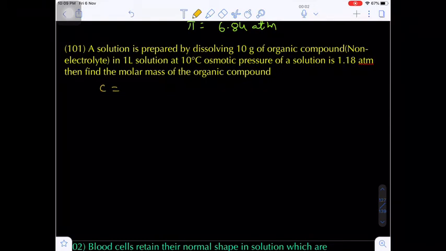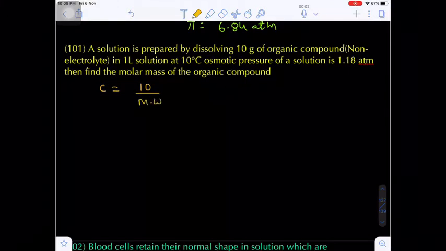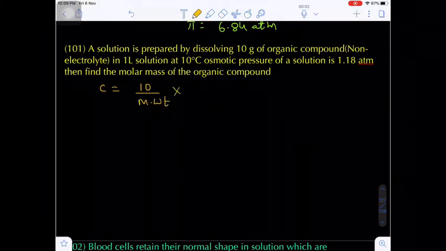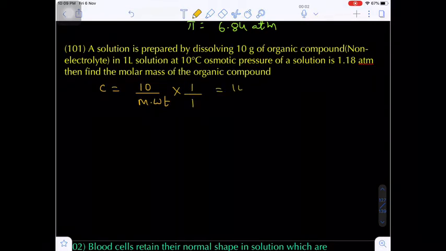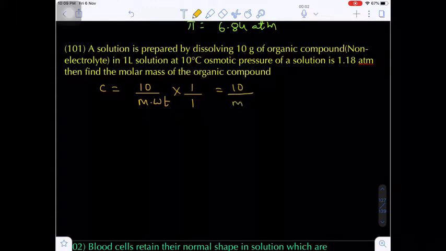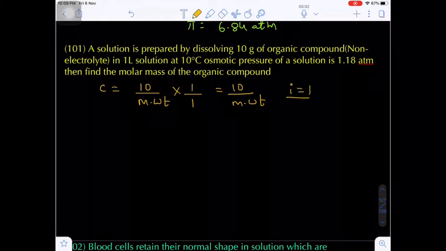Given mass is 10 grams divided by molecular weight, which we don't know and has to be calculated, into 1 by volume of solution in liters, that is 1 liter. So the molarity of the solution will be 10 upon molecular weight. Yes or no? And it is a non-electrolyte, that's why the iota value is unity.